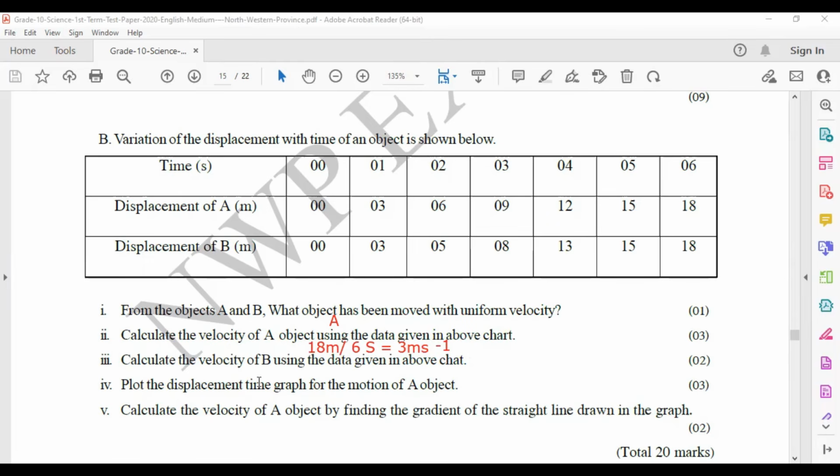Calculate the velocity of B using the data given in the above chart. B is not moving with uniform velocity, so we have to find the mean velocity here.